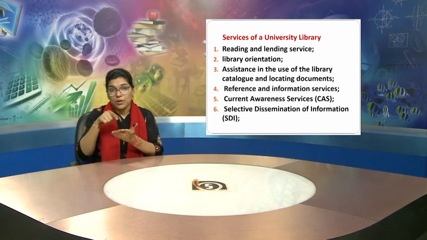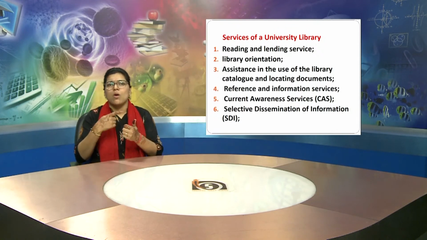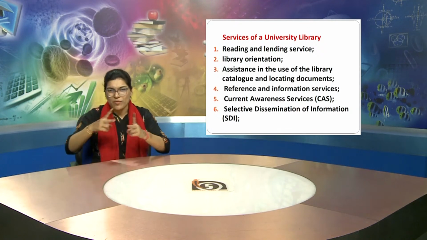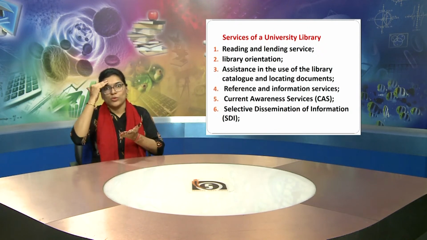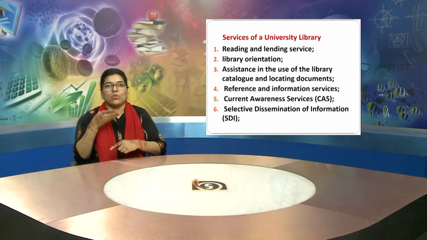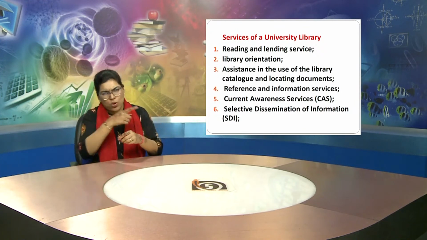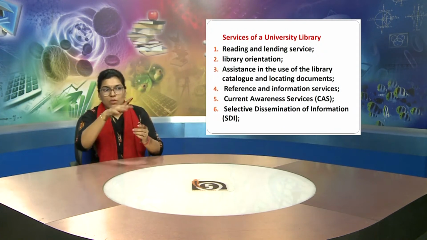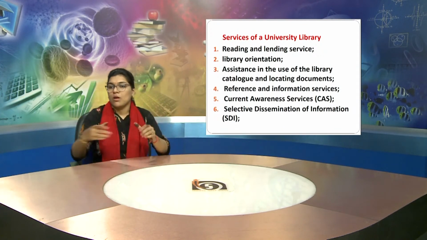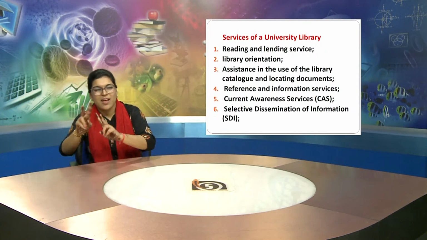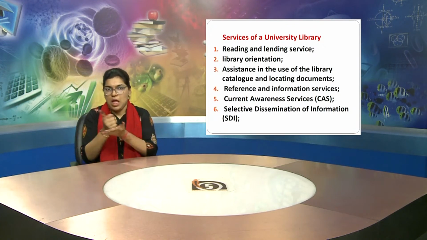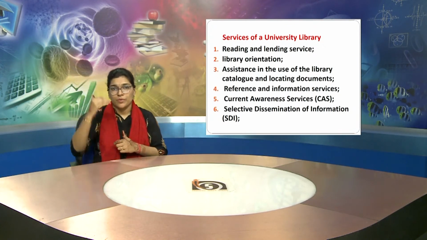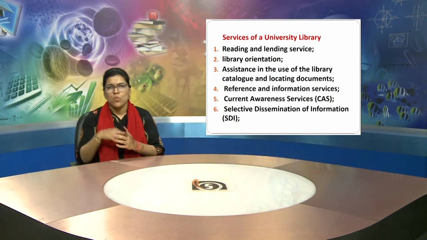The third service of the university library is to provide assistance in the use of the library catalog and locating documents. So they have different structures and accordingly documents are kept.